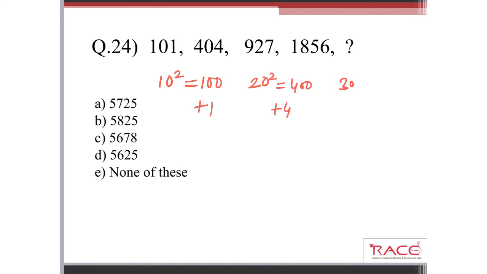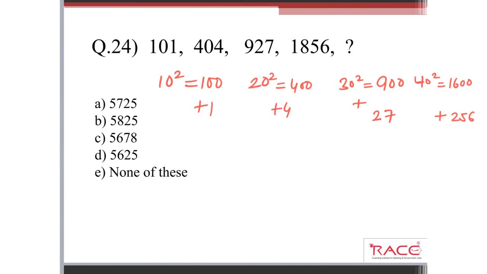Next 30 square, that is equal to 900 plus, I can say, 27. So next will definitely be 40 square, that is equal to 1600 plus 256. So here the first, 10 square, 20 square, 30 square and 40 square, are easy to understand.